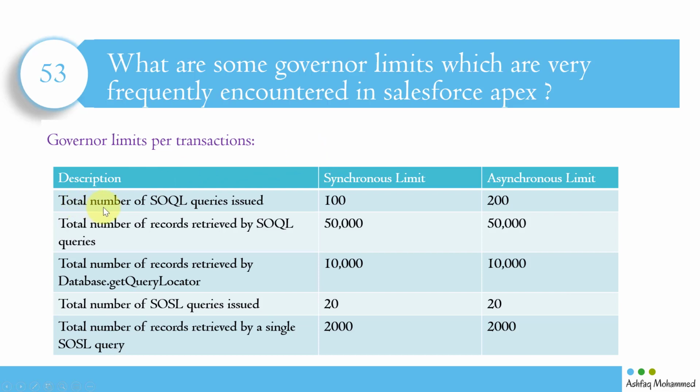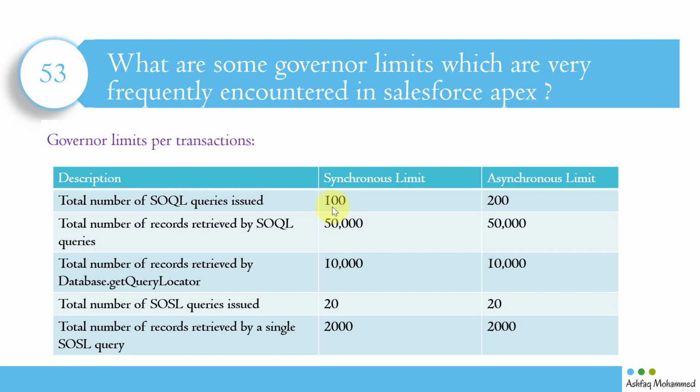Okay, so the total number of SOQL queries issued is 100. You might be wondering why I would write 100 SOQL queries. I might write 10, 20, 15, right? You might not write a lot of SOQL queries, and you should not. In a class, maybe I've used 5 methods, and I might have written 5 SOQL queries.